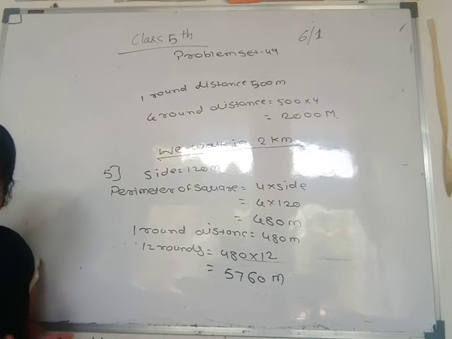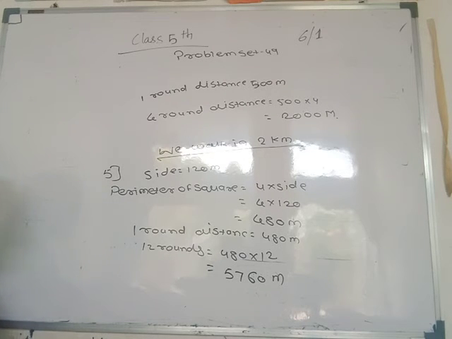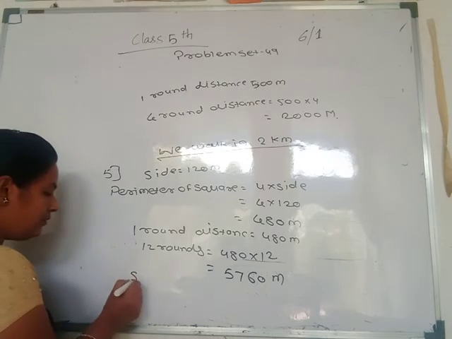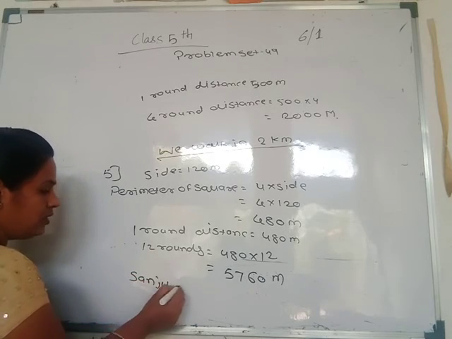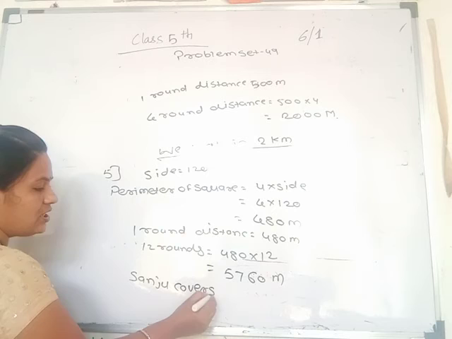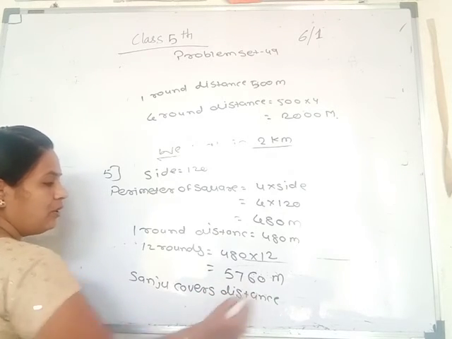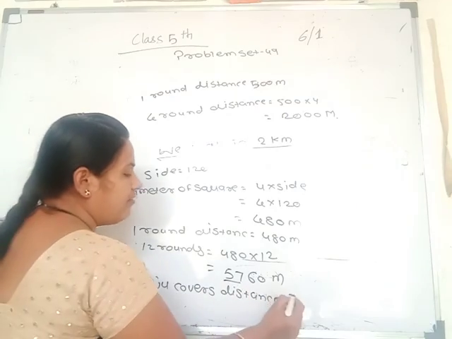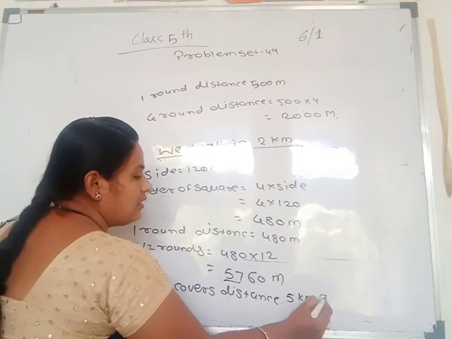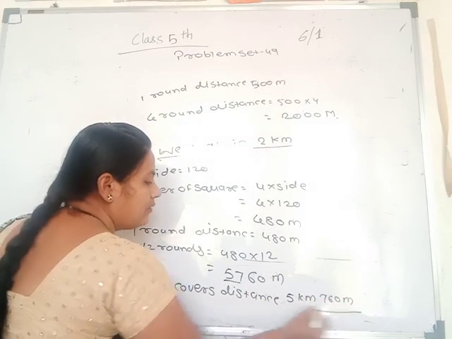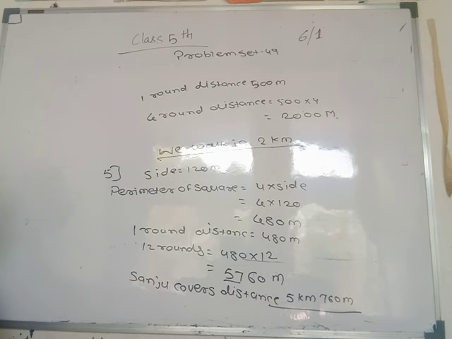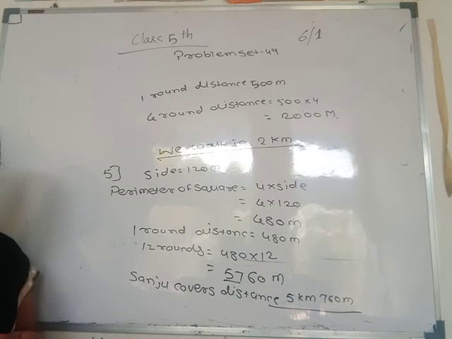But we need to find out in kilometers and meters the distance Sanju covers daily. Convert this into kilometer and meter, which is 5 kilometer 760 meter. The answer is in kilometer and meter: 5 kilometer 760 meter.